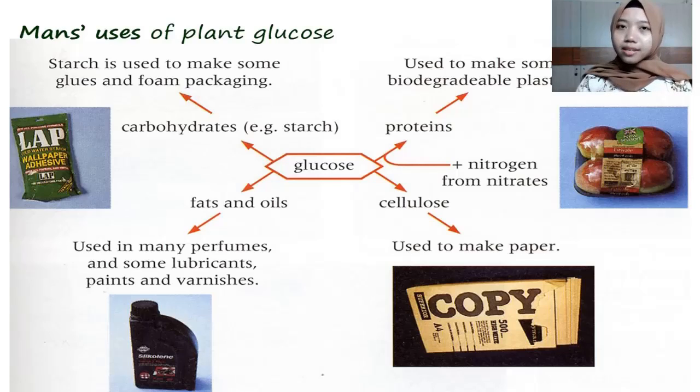You can look at the example. And proteins, with nitrogen from nitrates, used to make some biodegradable plastics. Fats and oils are used in many perfumes and some lubricants, paints and varnish, and cellulose is used to make paper.